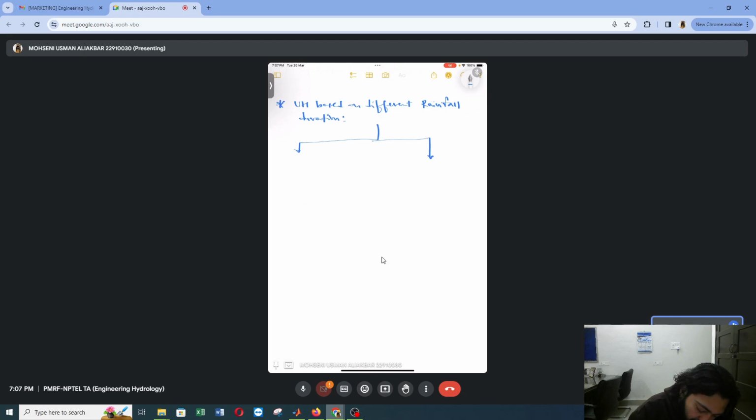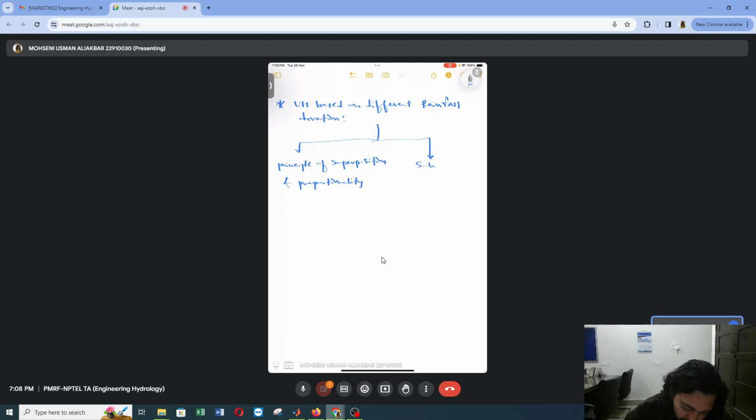The first thing is we can use the principle of superposition and proportionality. We knew that all linear models are based on 2 principles, and those principles are nothing but the principle of superposition and proportionality. This we covered in last week's class, and we also talked about the S hydrograph.